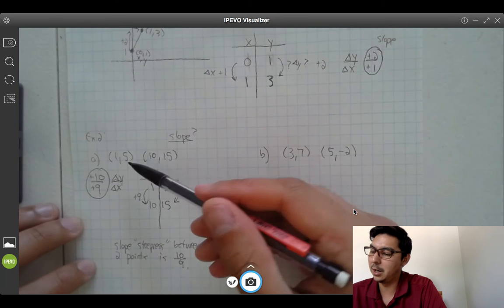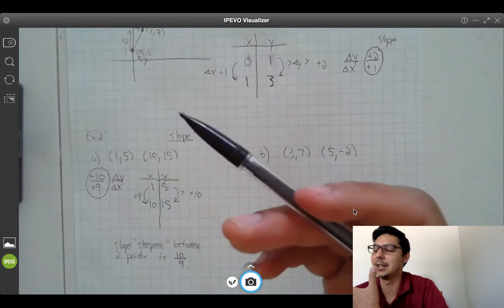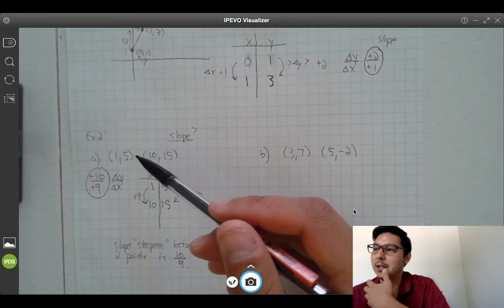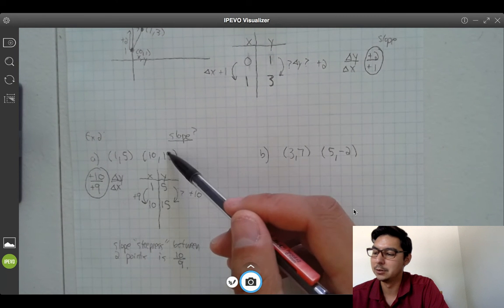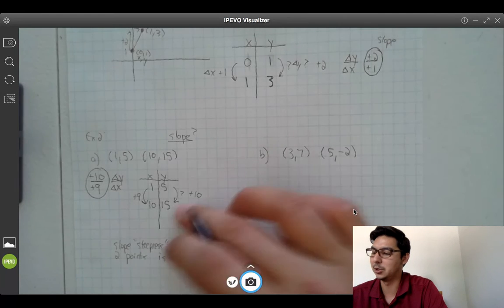You had to go up 10, and it took you 9 to get there. Usually the x is like time, so you traveled 10 miles in 9 hours, right? 10 over 9, and that's the slope for A.